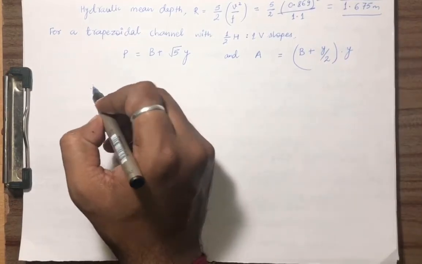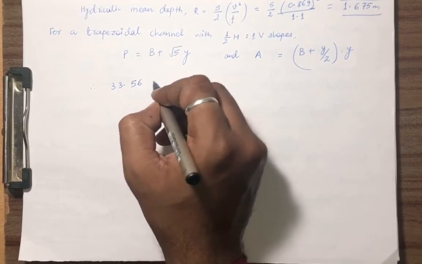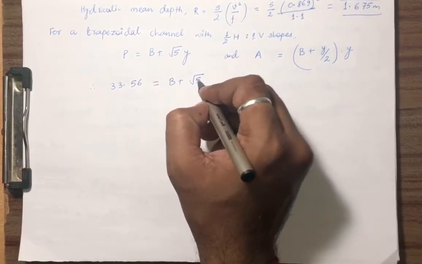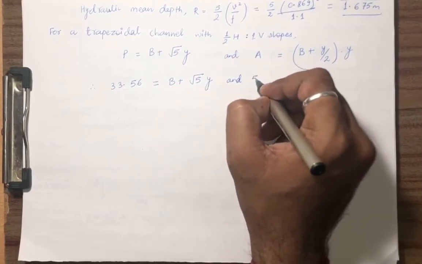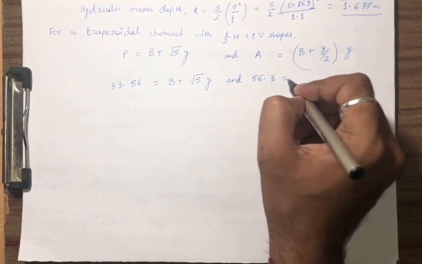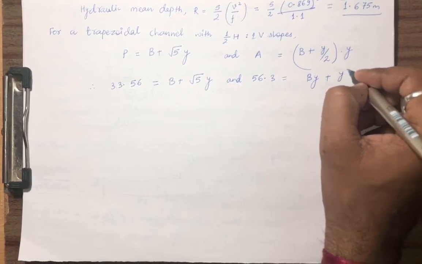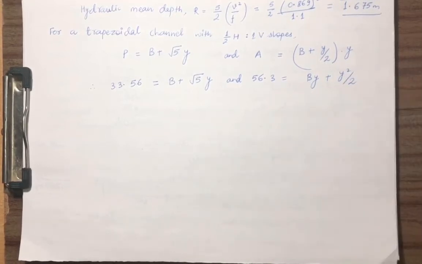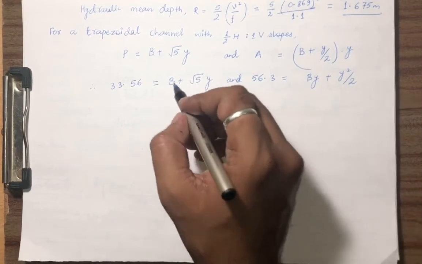So P was 33.56, which is equal to B plus root 5 y, and area was 56.3, which is B y plus y squared by 2. So these are two equations.